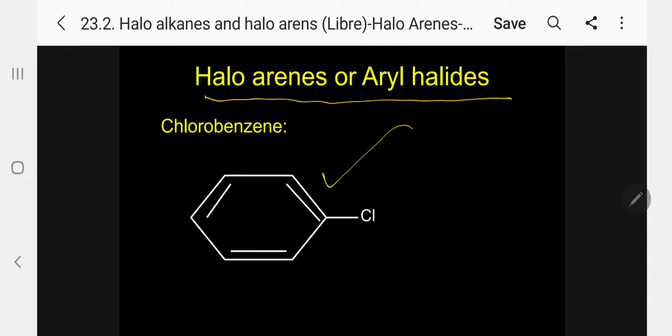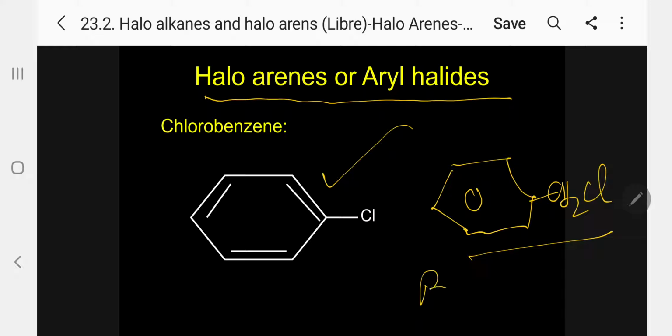There is also another compound called aralkyl halides. This is called benzyl chloride.